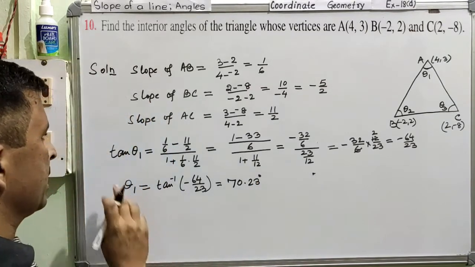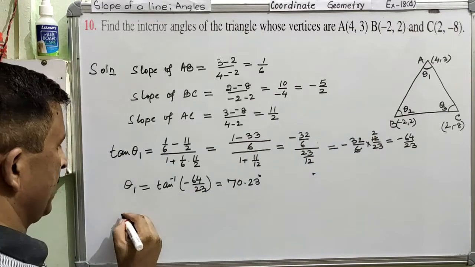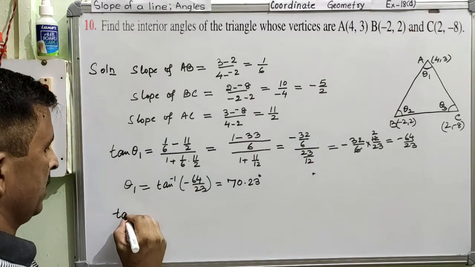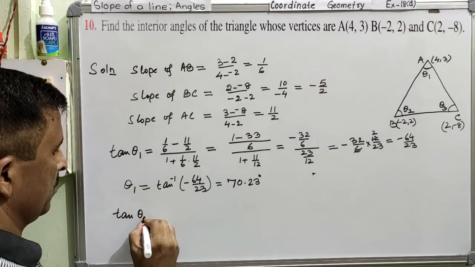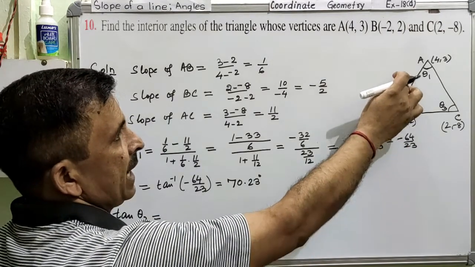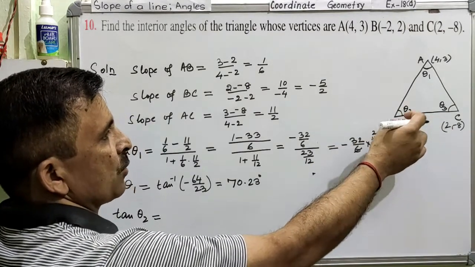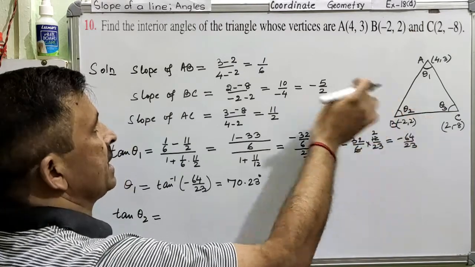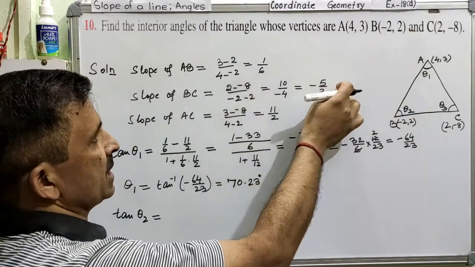Now let us calculate the value of theta 2. So tan theta 2 will be, now this theta 2 is between line AB and BC. So we will use the slope of AB and BC. AB slope is this and BC slope is this.